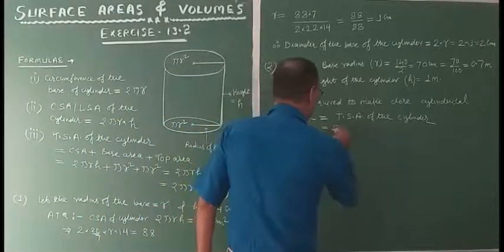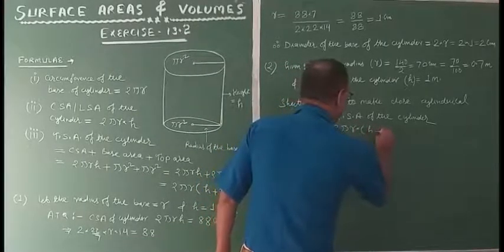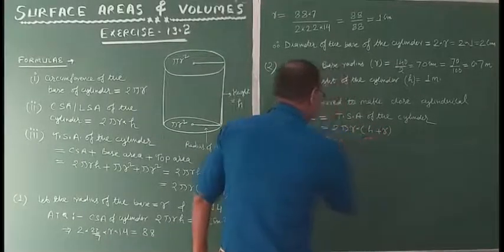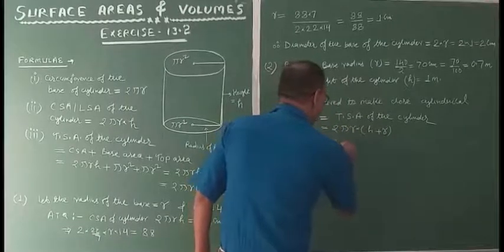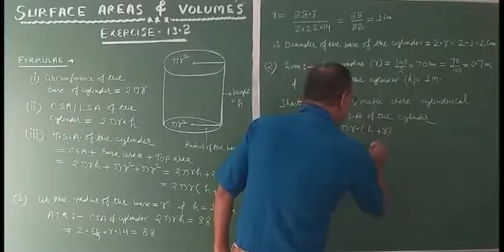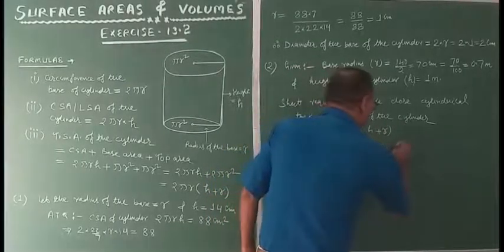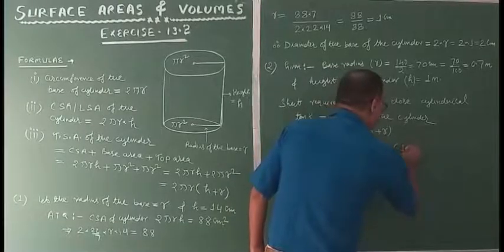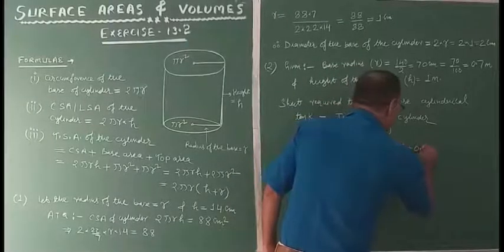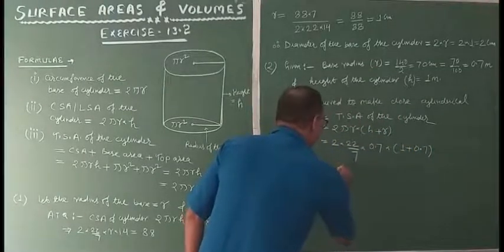That will be 2 pi r into (h plus r). Now put the values. 2 pi is 22 upon 7, r is 0.7 meter, h is 1 meter and r is also 0.7 meter.